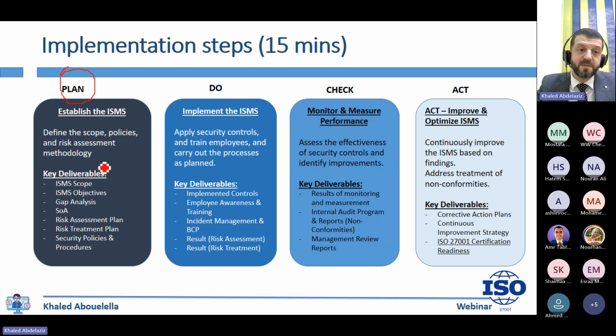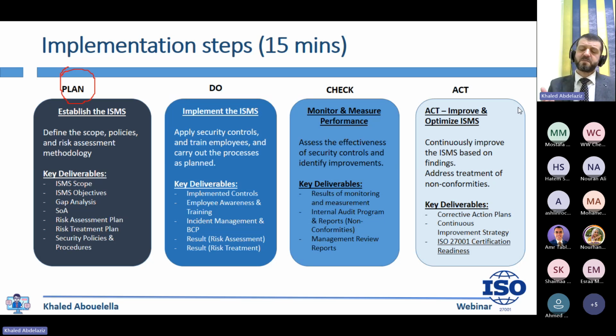Then the next step is to define the scope. You identify which assets, which processes, which locations are going to be covered in the information security management system. Scoping is very important. We have 3 elements when we set the scope in an information security management system.